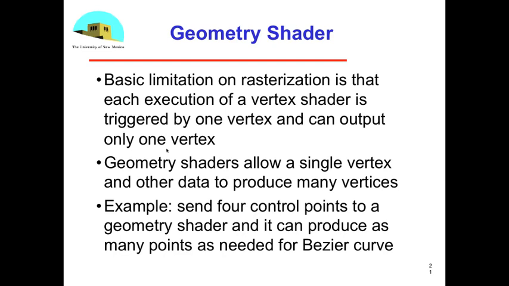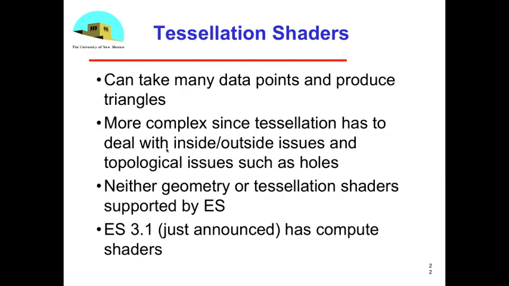Now the other kind of shader that came about was called a tessellation shader, where you can do much more complicated things. You can take a whole bunch of data, and that data can define a more complex mesh. If you think about what people really do, they work a lot with meshes, and meshes can be pretty complex.